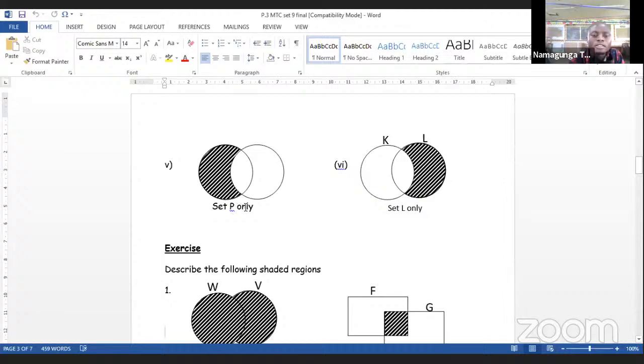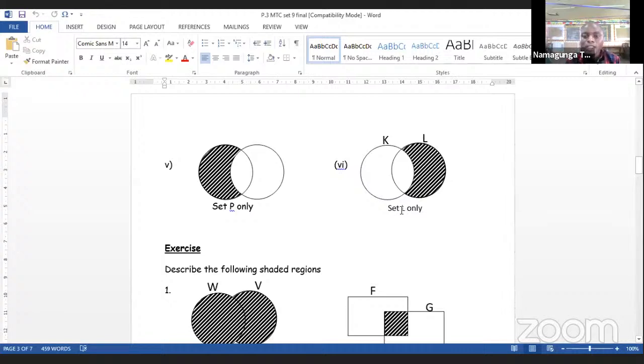This word here is very vital, very important. You put there set P only. Then our next example, the sixth example, they have given us two sets, set K and set L. You can see here they have not shaded set K, but they have shaded part of set L. This one means it will be set L only.